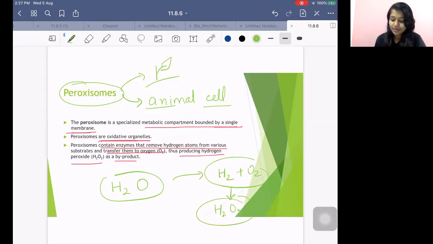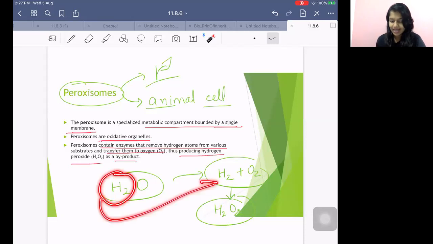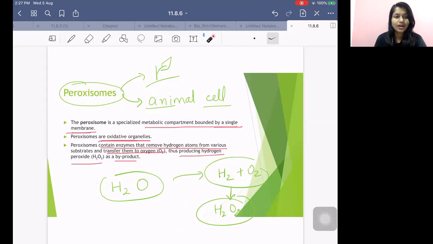There is a reason why it is called peroxisome, because it makes hydrogen peroxide. So peroxisomes will help in making hydrogen peroxide. How? By removing hydrogen from one compound and giving it to another compound and making hydrogen peroxide. Got it?